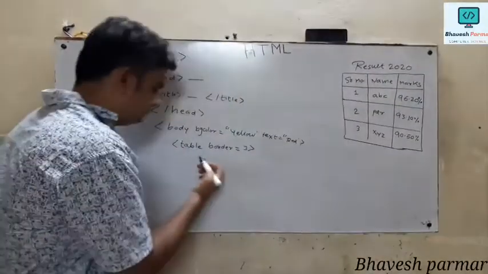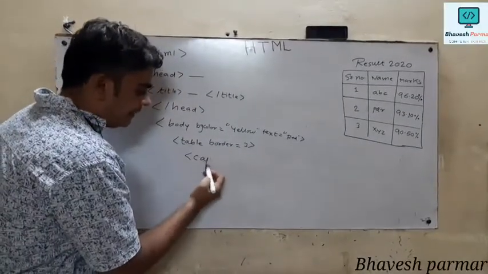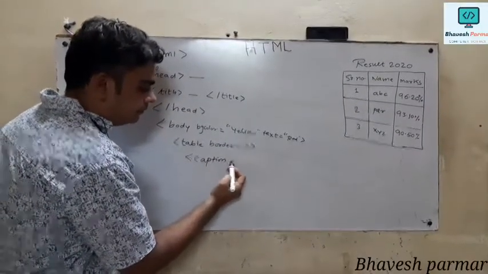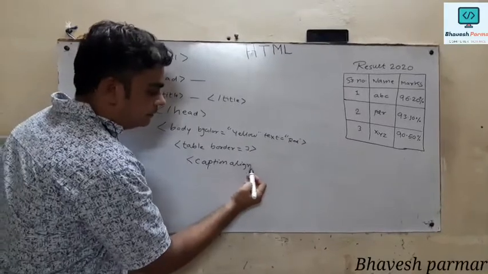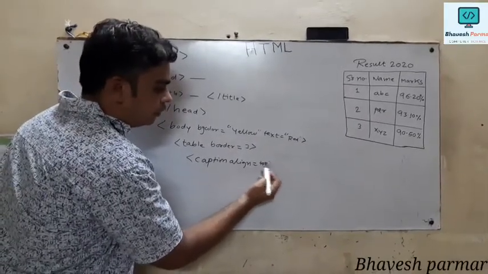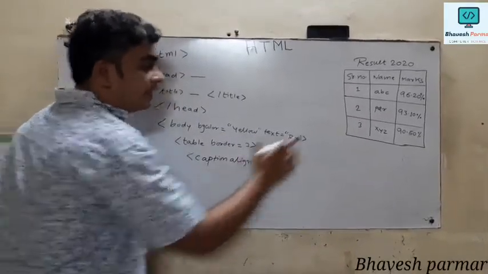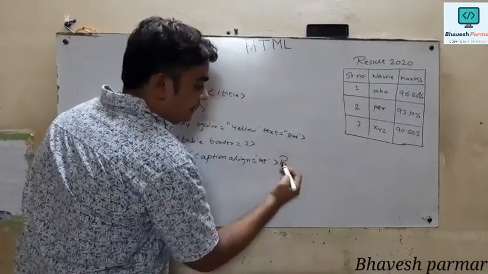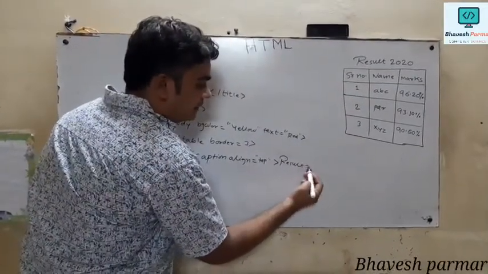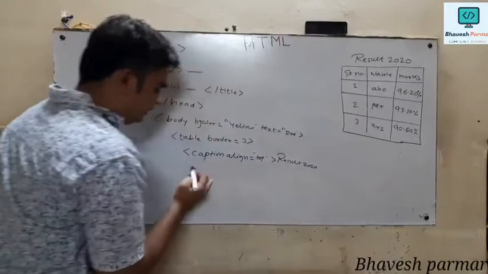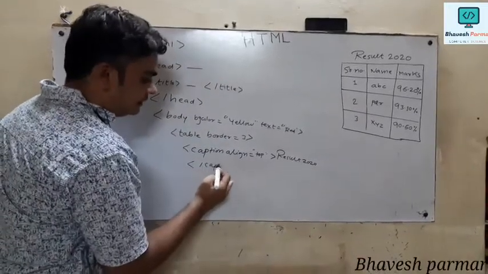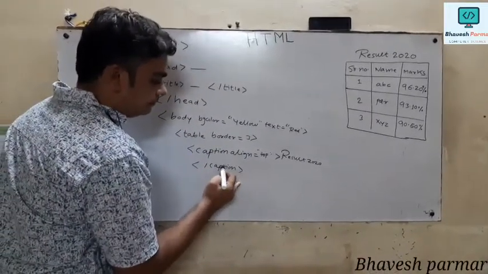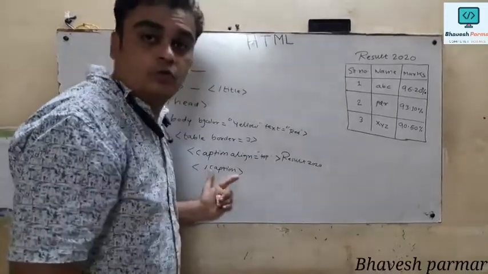So for that purpose I write caption, then align is equal to top, and the actual caption is Result 2020. So I write Result 2020, thereafter slash caption. So my first part is over.